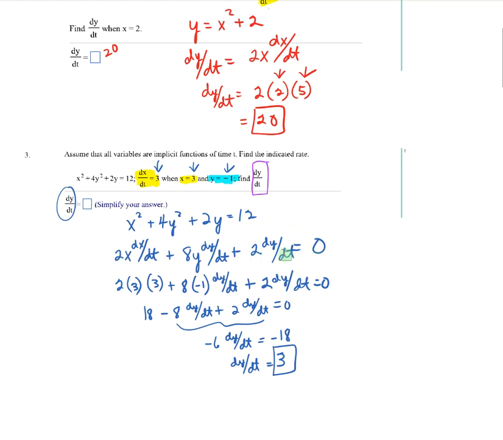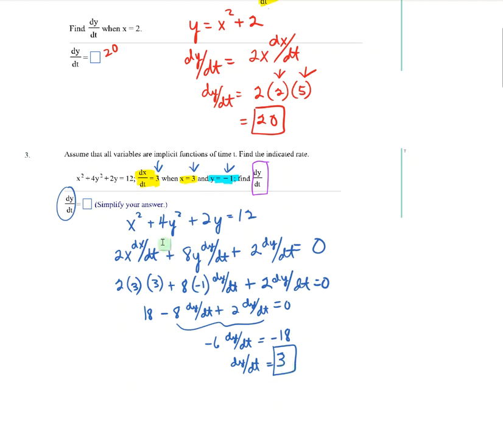Now plug in 3 for dx/dt and 3 for x, and y is negative 1. When we fill that out, we have 18 minus 8 dy/dt plus 2 dy/dt equals 0. We want these together, so this is negative 6 dy/dt. Subtract the 18, then divide negative 6 into negative 18. You get dy/dt is 3.